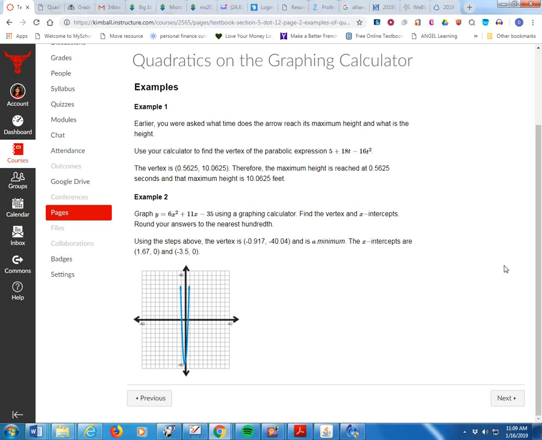Okay, go to zoom. No, go to window. Okay, and maybe we'll just put in like x min is negative 3, x max positive 3, y min is fine where it's at, and y max make 15.